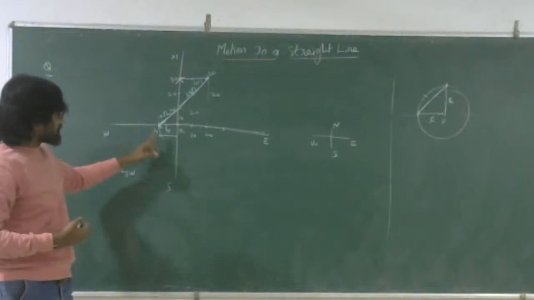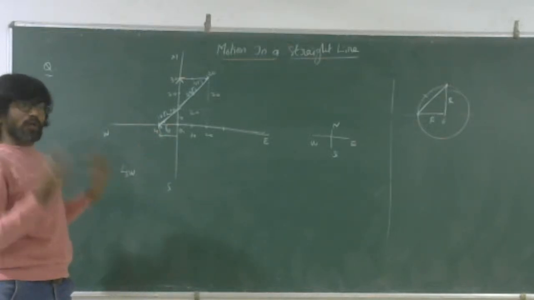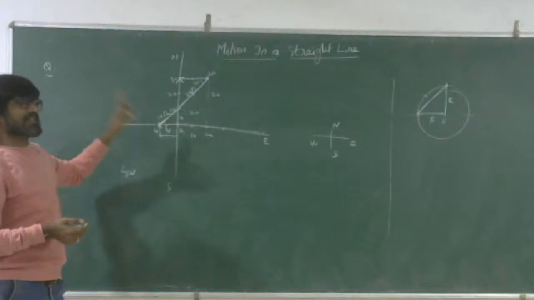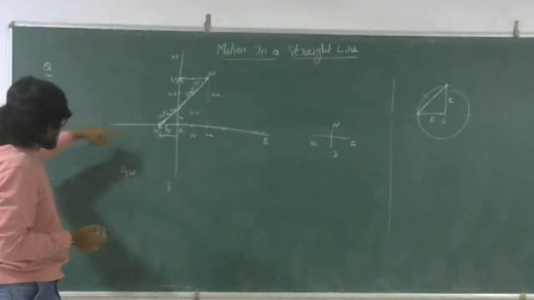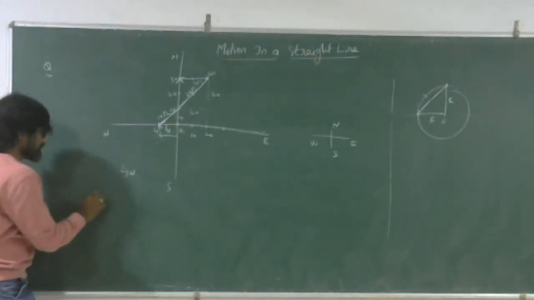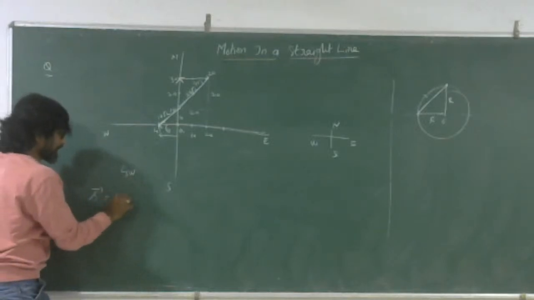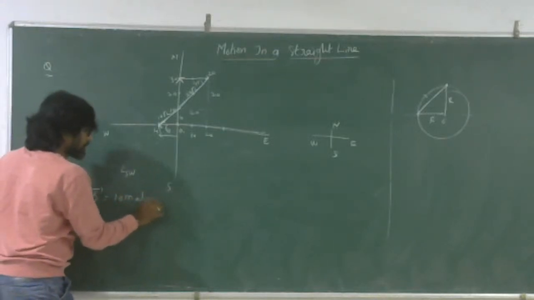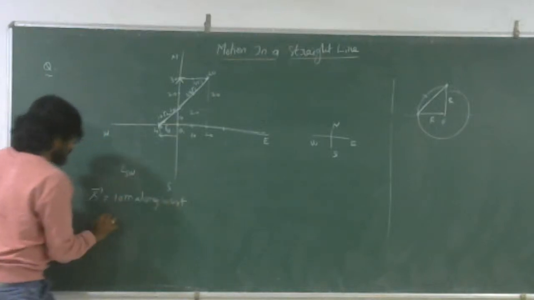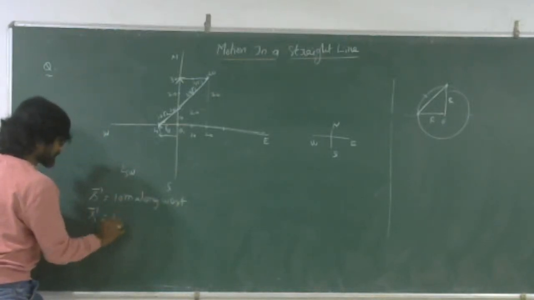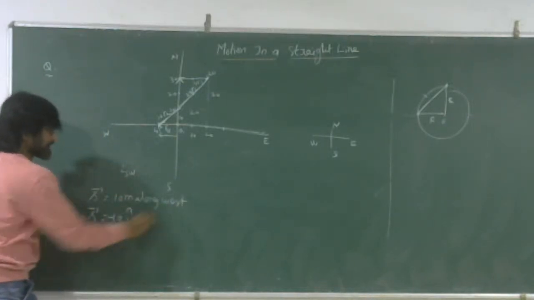So you can say it is minus 10 meter along negative x-axis, or you can say displacement is 10 meter along west direction. Or you can write displacement vector is equal to minus 10 meter. Either way you can write.